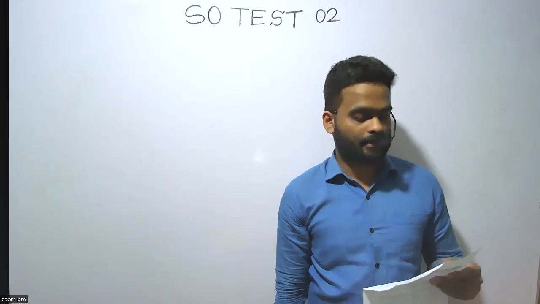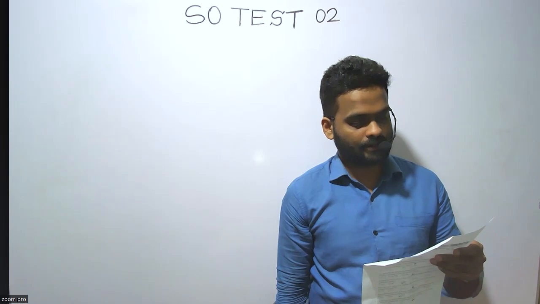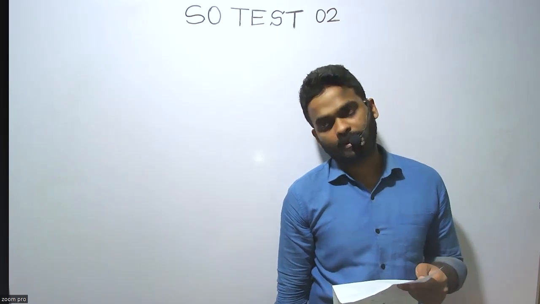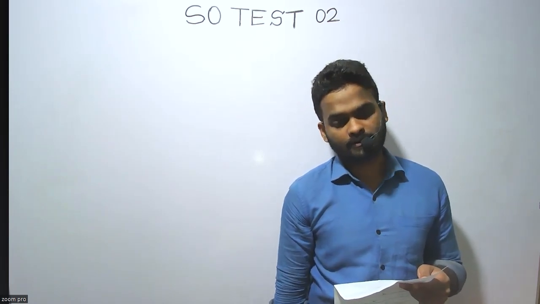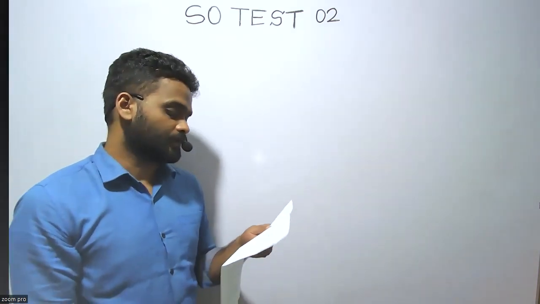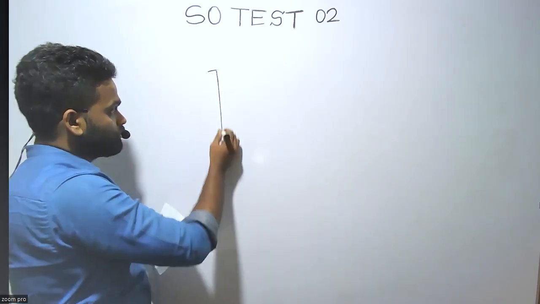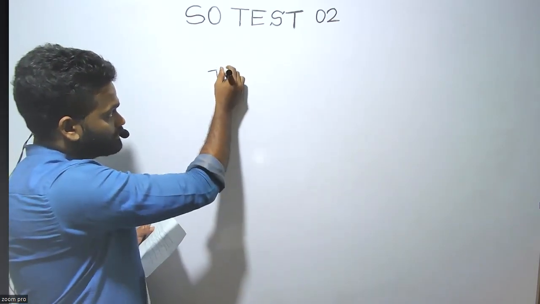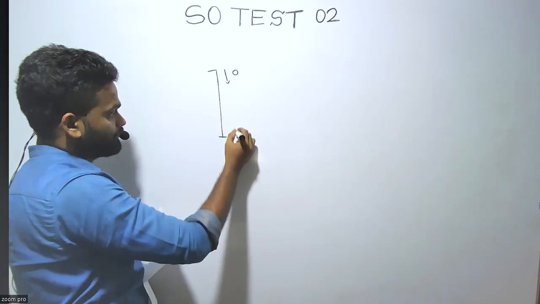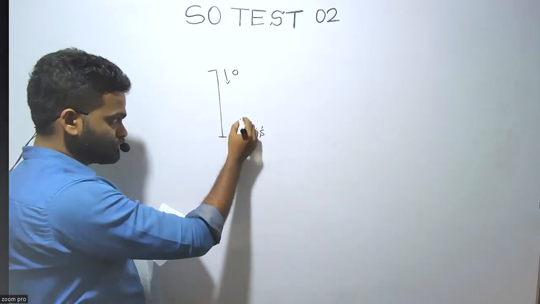Right. Then the 11th question. I think after this, all the questions are regarding gravitational acceleration, right? Okay, 11th question. A ball is released from a building and it takes 8 seconds to hit the ground.